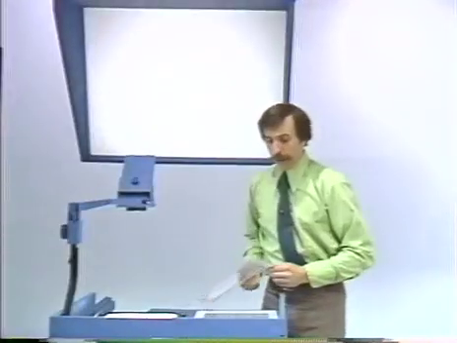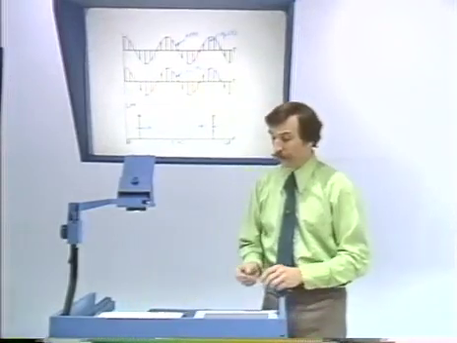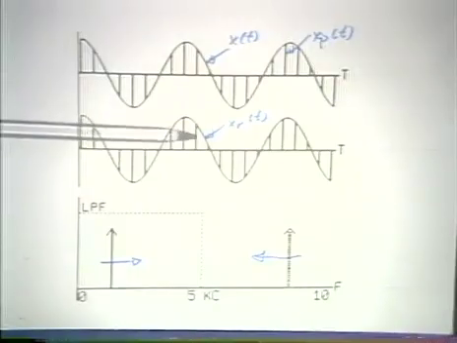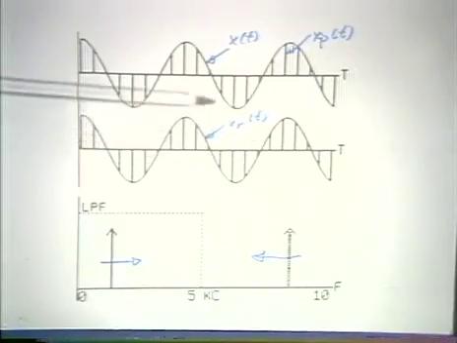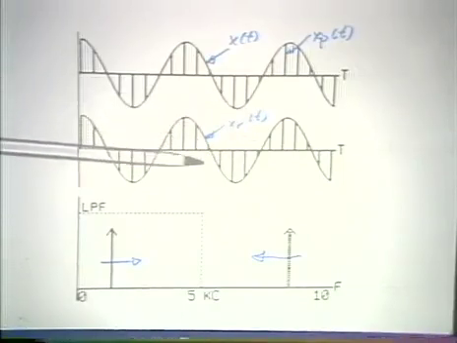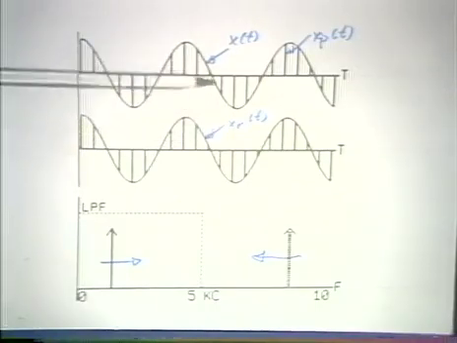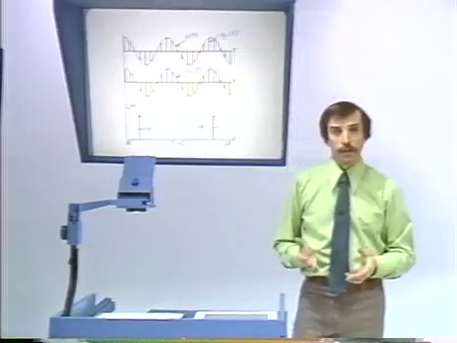Okay, now what I'm going to do is demonstrate this, as I indicated, with a computer-generated movie. What we'll see is the effect of reconstructing from the samples using a low-pass filter for an input which changes in frequency, with a sampling rate of 10 kilohertz.